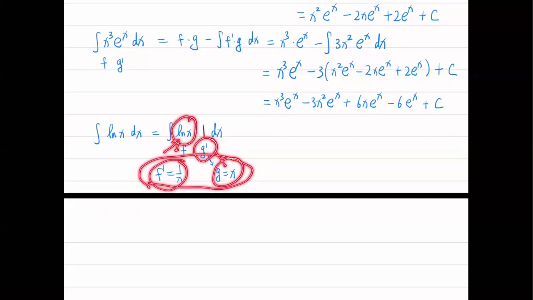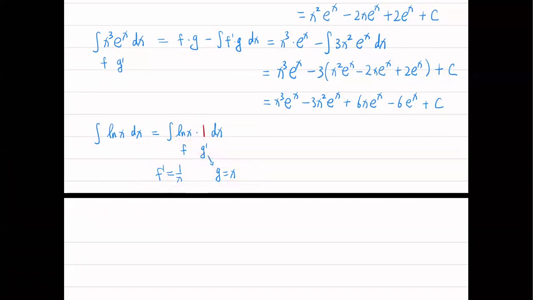Okay, so this is f g. f is logarithm x, g is x. F derivative 1 over x, x dx.